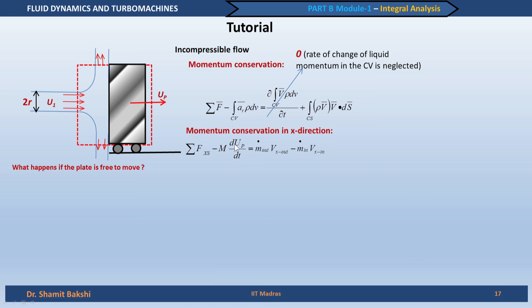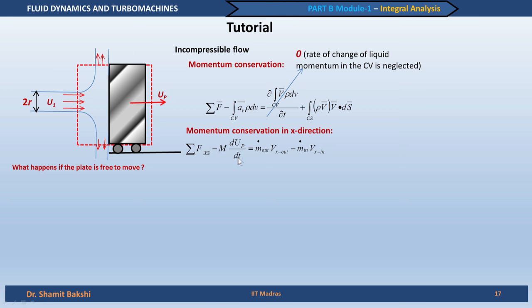This is the acceleration of the object, which is given by dUp by dt, where Up is its velocity; it is like a thick plate. So, m into dUp by dt is the rate of change of momentum. m is not changing with time. In the rocket problem, it is a little more complicated, because m also changes with time. For this problem, m is time invariant; the mass of this plate is not changing with time.